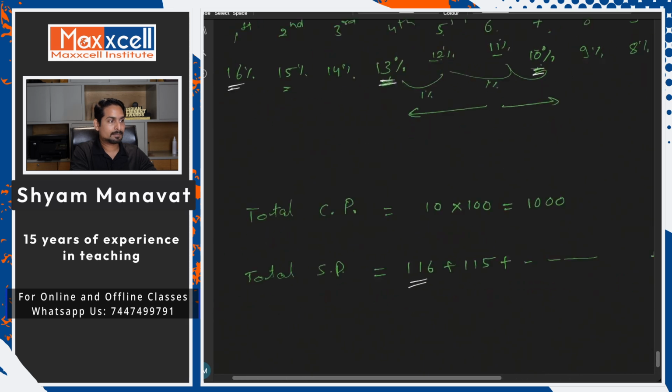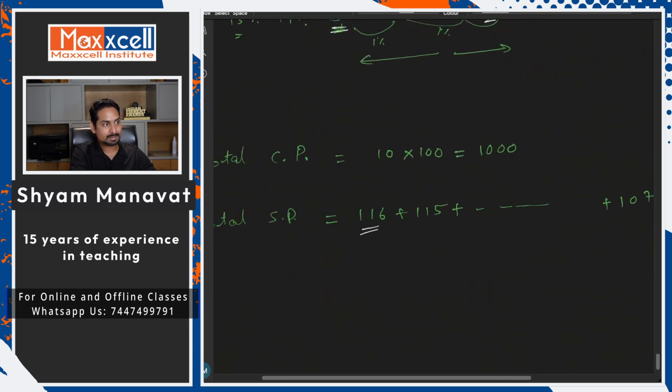Now you can see even these are in arithmetic progression. 116, 115, next has to be 114, right? So even in selling price, the common difference is 1.